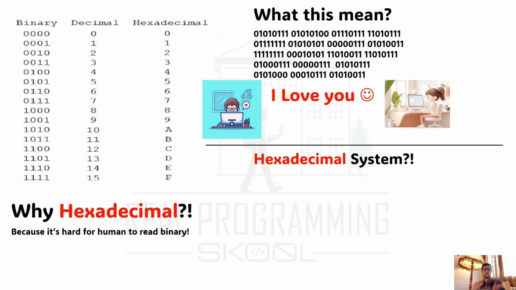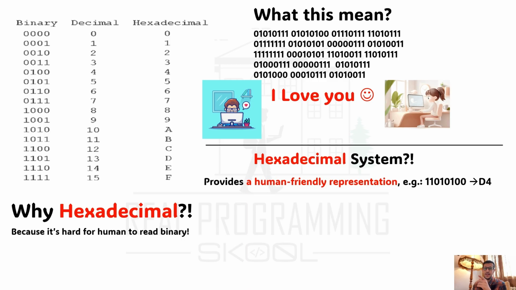So let's have a small example. Hexadecimal provides a human-friendly representation. For example, this small binary number, 11010100, is the same in hexadecimal as D4. As a developer, is it better to read D4, or to read all this binary number?